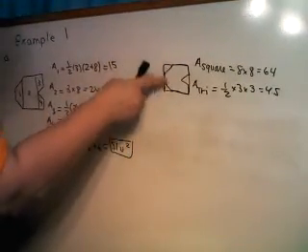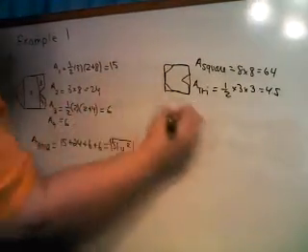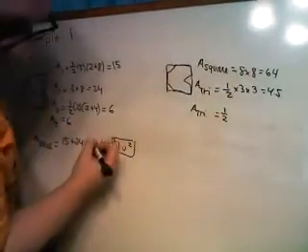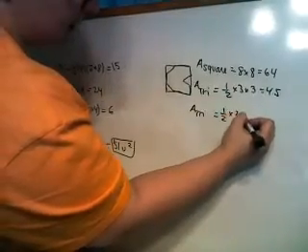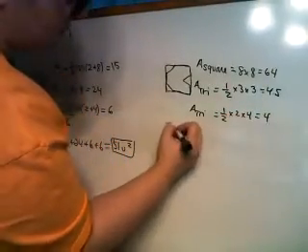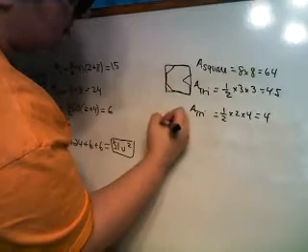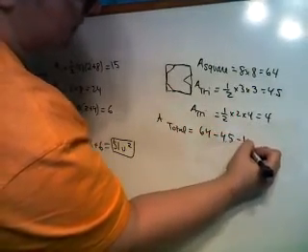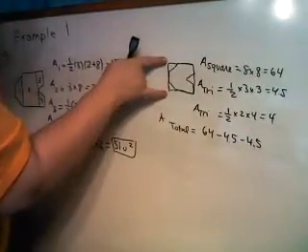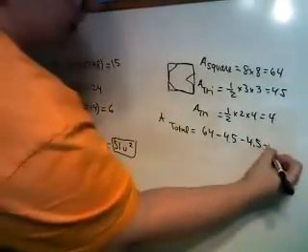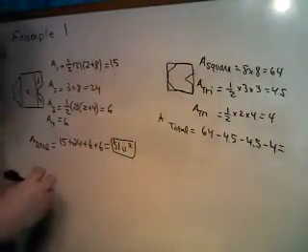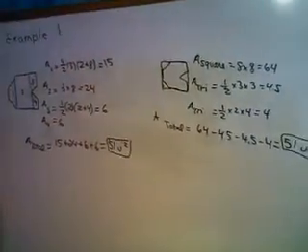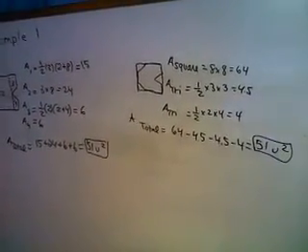Each one's 4.5. And then this one here is 1/2 times 2 times 4, which is 4. So if you do the total, 64, take out 4.5 twice because there are 2 triangles, and then you take out the 4, you will also discover that you get 51 units squared. So go ahead and take a look at that.